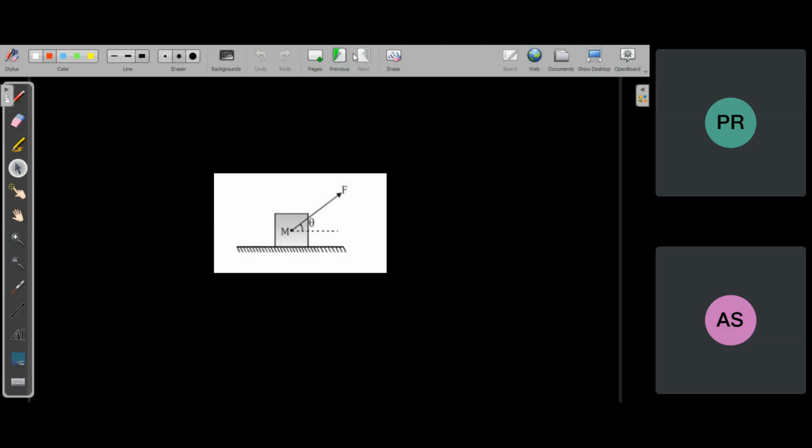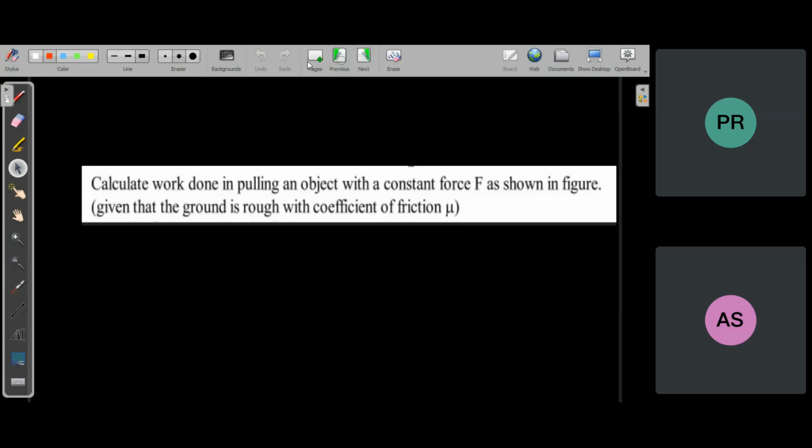Here you have to understand that when the word pulling is used, generally the meaning is that you are sliding it without any acceleration. You are pulling the block so that it is just sliding slowly, shifting slowly. Kinetic energy is negligible, and the speed is constant.